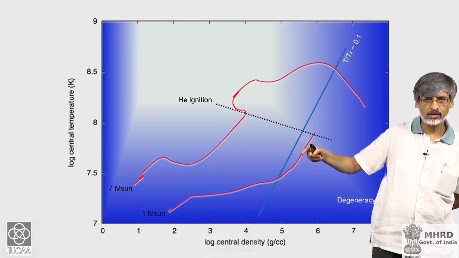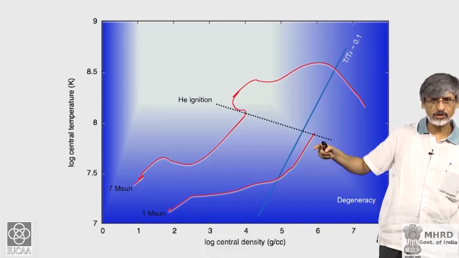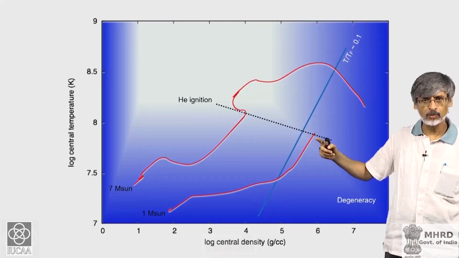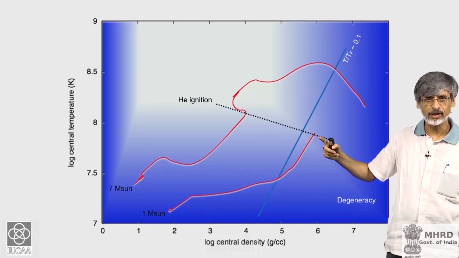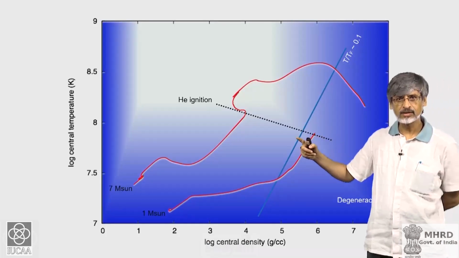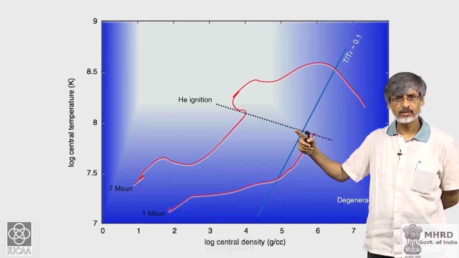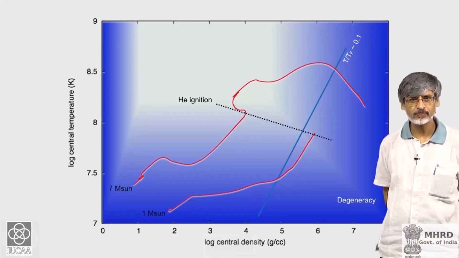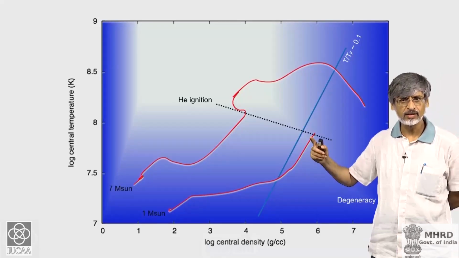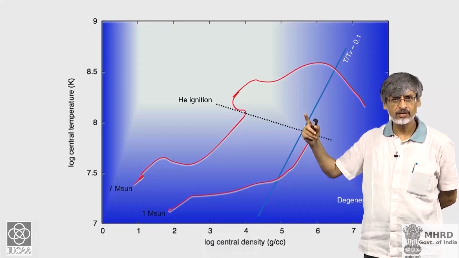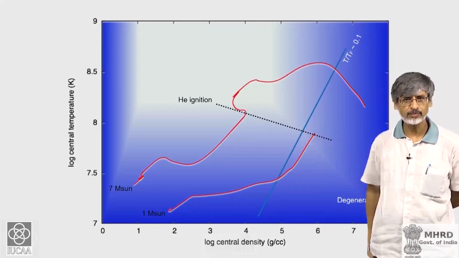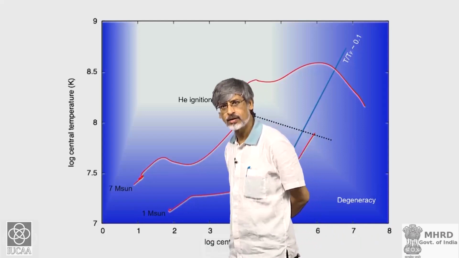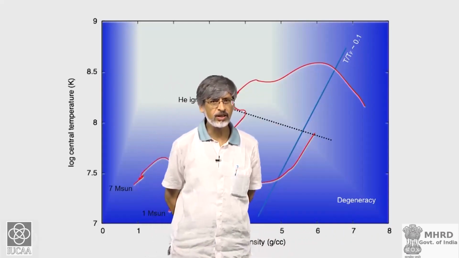As it gets denser and hotter, at some point the conditions become suitable to start burning helium. In fact, this dotted line shows the conditions that are required for helium ignition. There is another solid line shown here, which demonstrates where the matter becomes strongly degenerate.